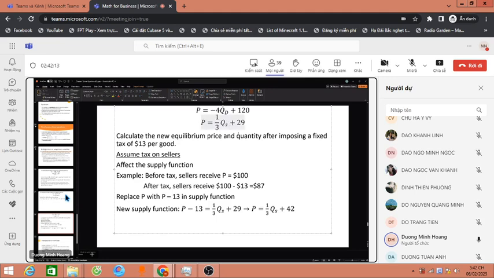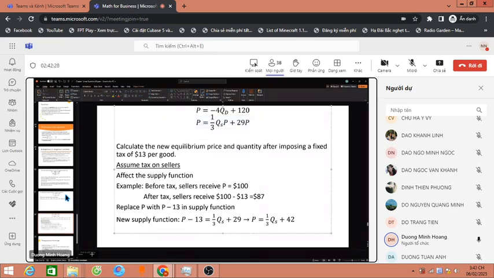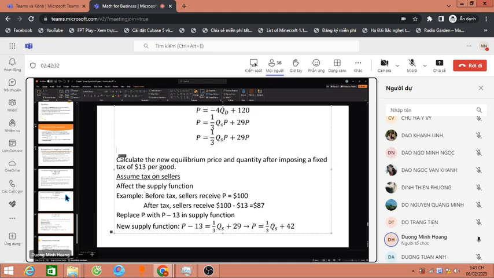This is just a simple problem. If there's a P over here, and there's also a P over here, you have to replace everywhere that has the P with P minus 13. So here P is replaced by P minus 13. Over here we have P also, which should be replaced by P minus 13.